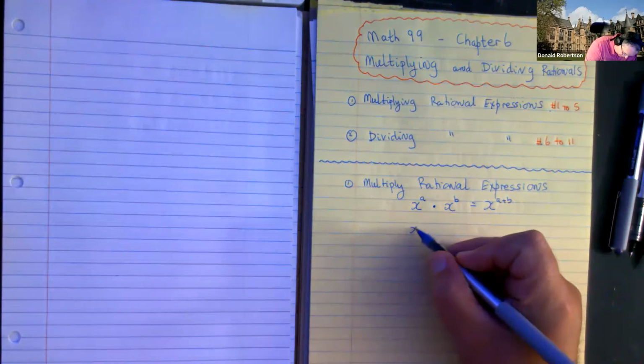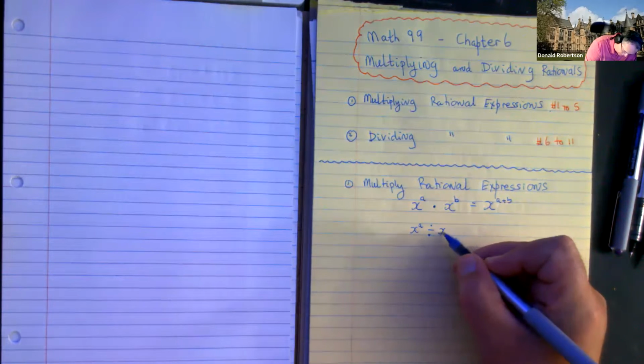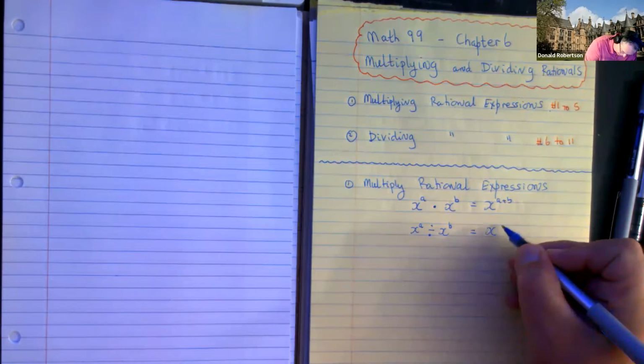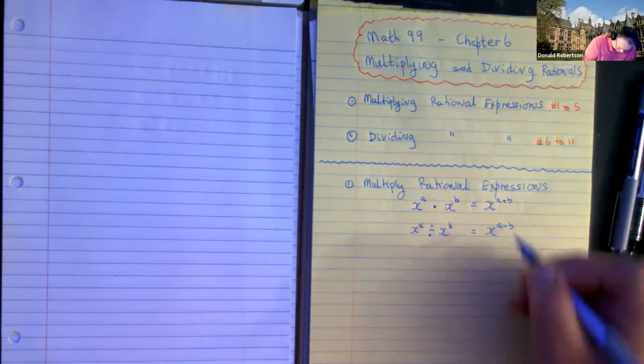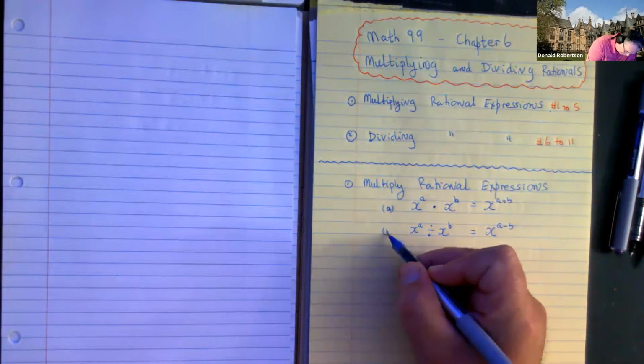Now if you want to take x to the a and divide it by x to the b, then the power of x you get is a, take away b. So if we call this one a, we call this one b.